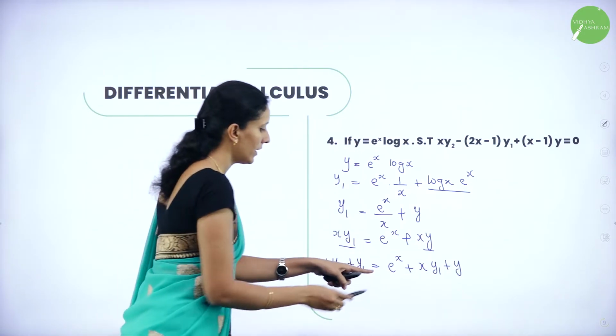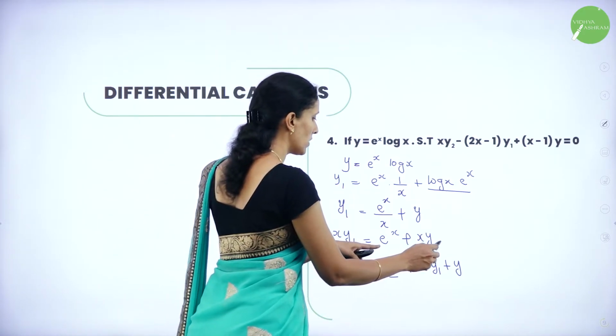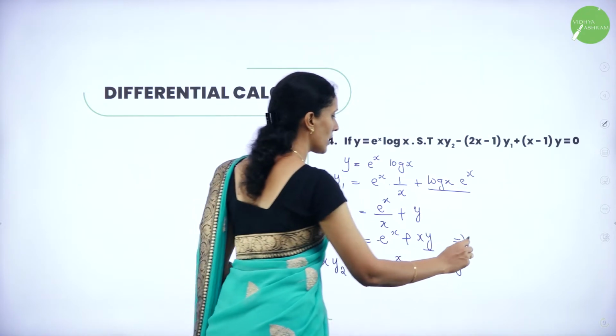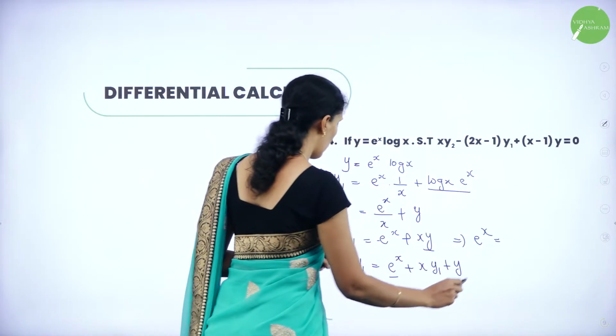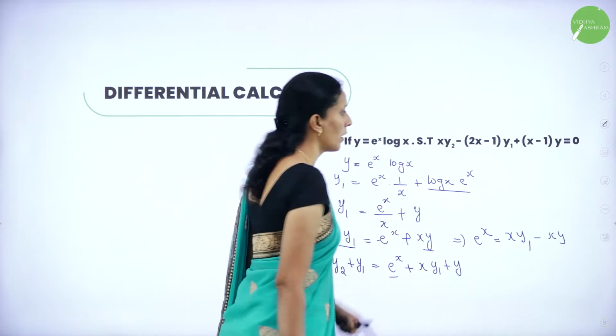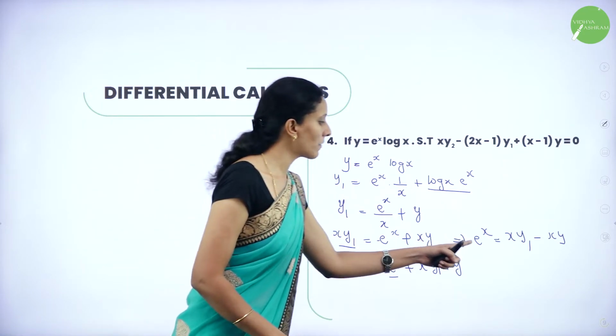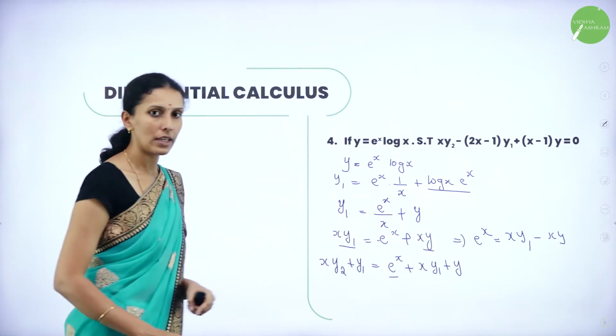Now, you can see here, for e power x, I'll replace with this equation. So, this equation can also be written as e power x is equal to xy1 minus xy. Because in the given equation there is no e power x, so I have to replace e power x in this equation.